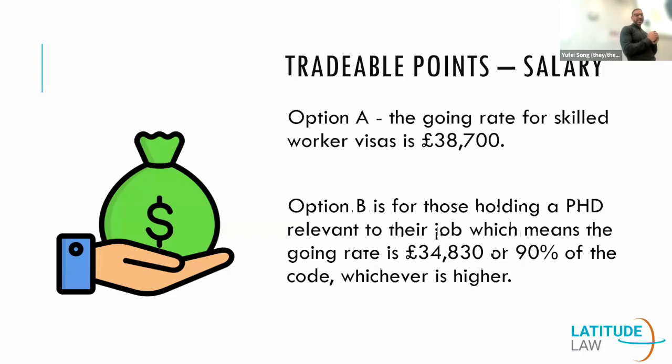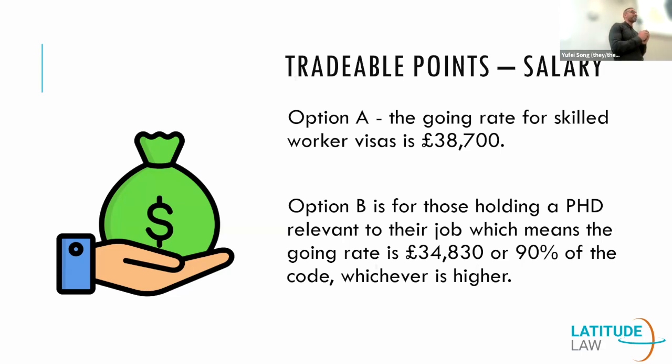So that's option A. In regards to option B, for those who have a PhD and their job is relevant to the PhD qualification, for example, they could be paid a lower going rate.